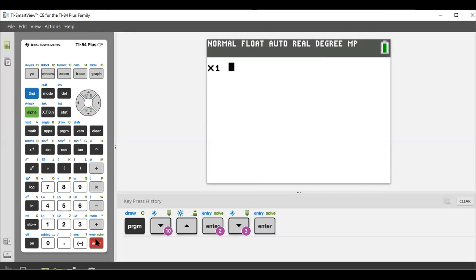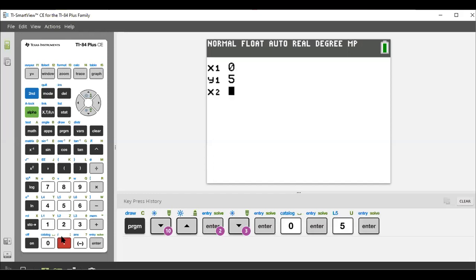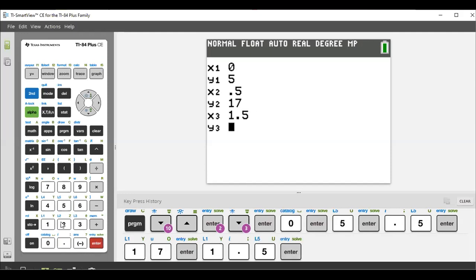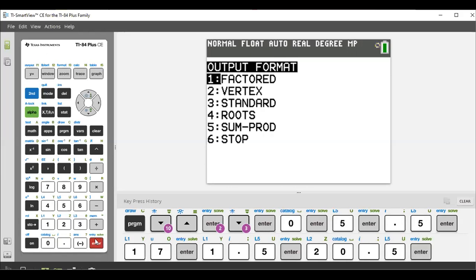So I'm going to press enter, and then I'm just going to enter 0.5, and the y coordinate is 17, and then we have 1.5, and then 20.5.